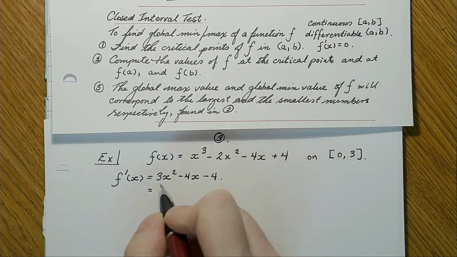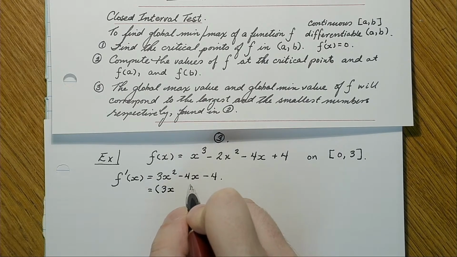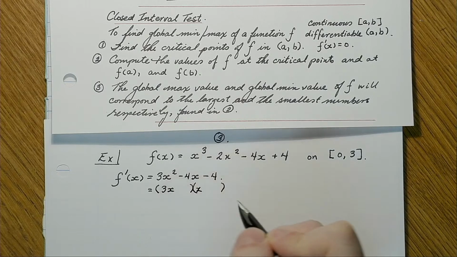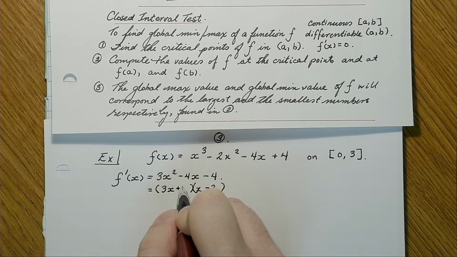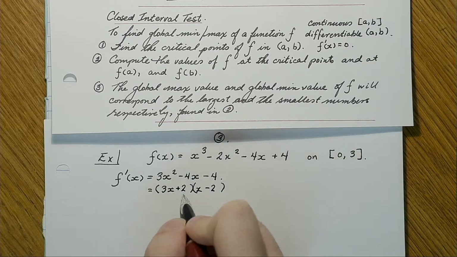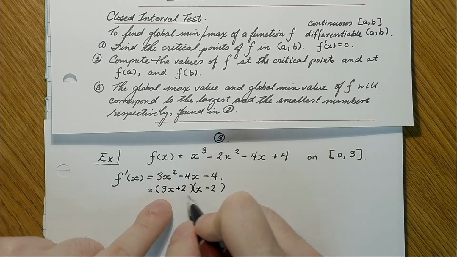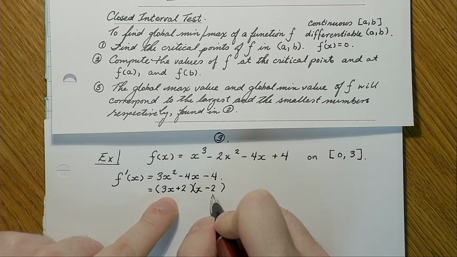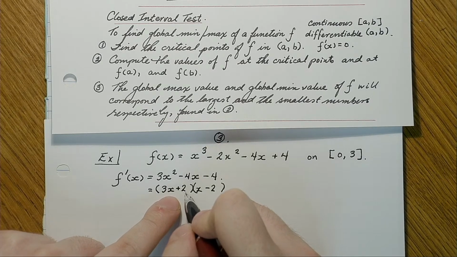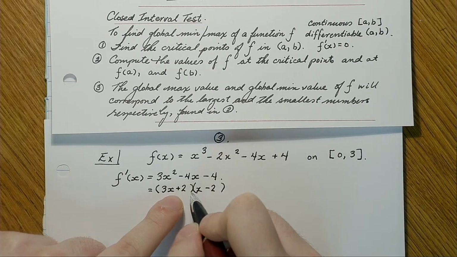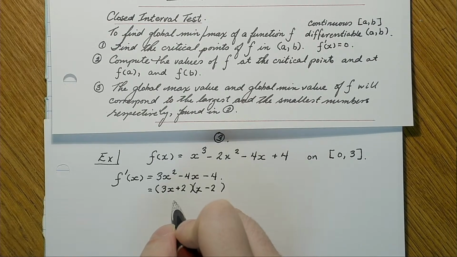We can factor this: I have my x minus 2 and my 3x plus 2, so that when I expand it out, 3x squared minus 6x plus 2x gives me the minus 4x, and the 2 times minus 2 gives me the minus 4.